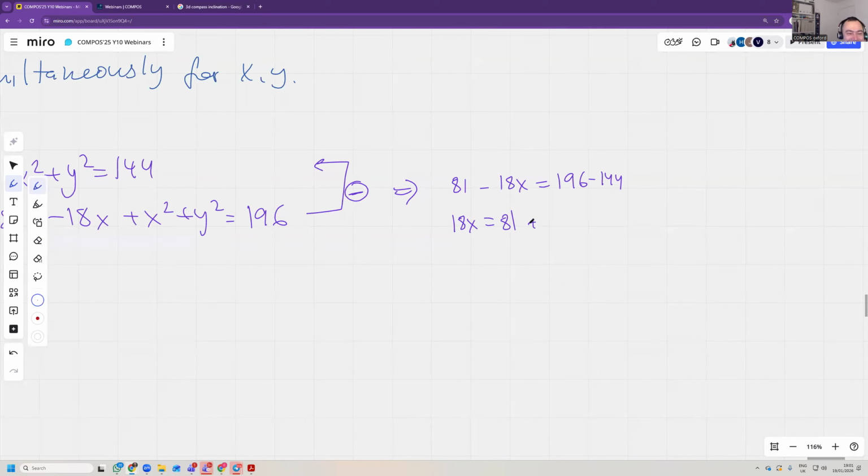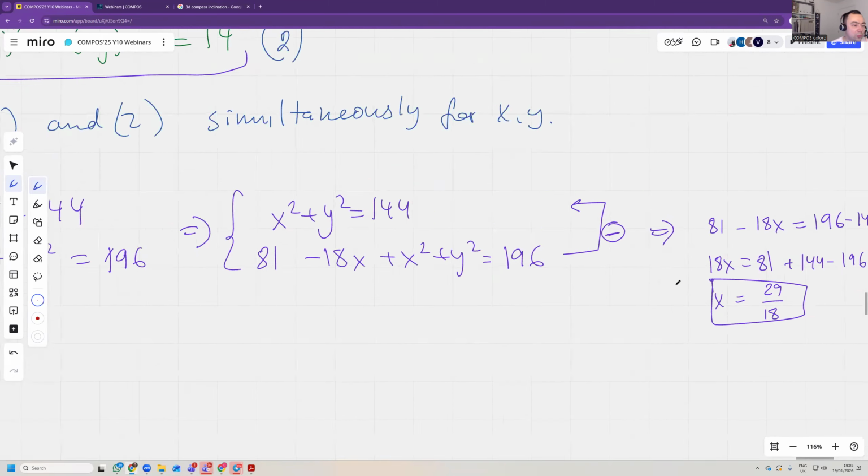Of course, it's not 81 squared. So thank you for that. 18x is 81 plus 144 minus 196. And let's see if that gets us anywhere. So 81 plus 144 minus 196 is 29. So x is 29/18.